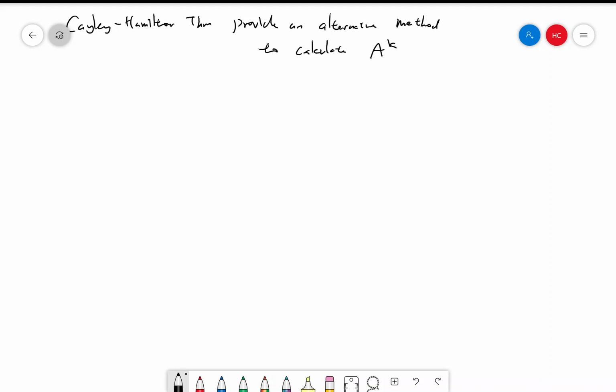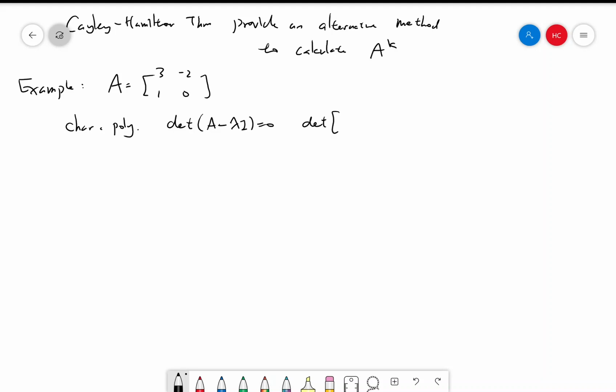Let's do a small example. Let A equal 3, negative 2, 1, 0. The characteristic polynomial is the determinant of A minus lambda I equal to 0, which means the determinant of 3 minus lambda, negative 2, 1, 0 minus lambda equal to 0.